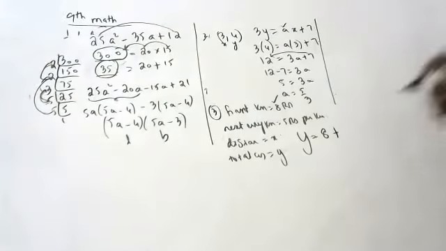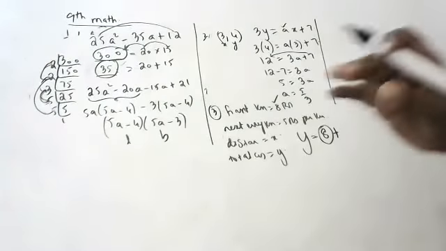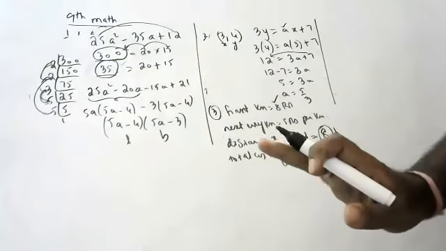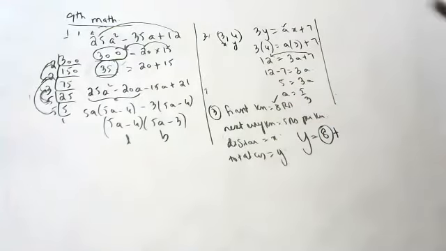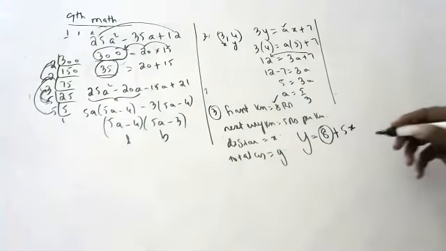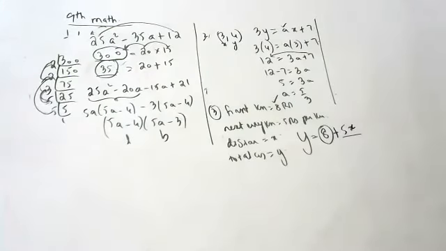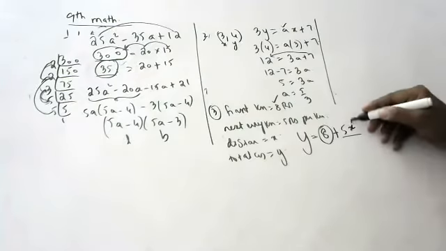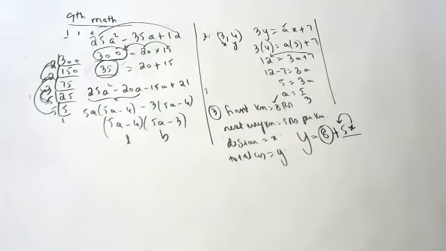So children, for the first kilometer compulsory 8 rupees you should pay. After that, for every kilometer 5 rupees. Is it correct, children? For every kilometer you should pay 5 rupees. Is it correct? Yes, sir.